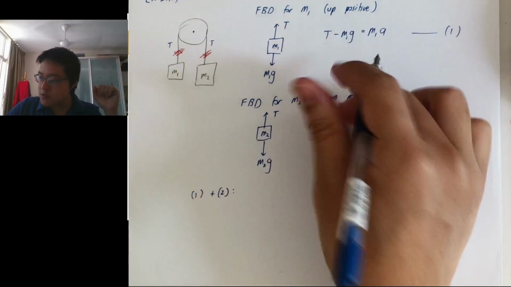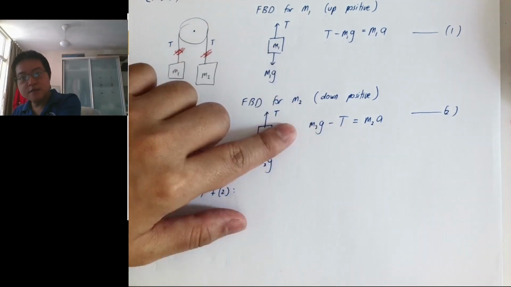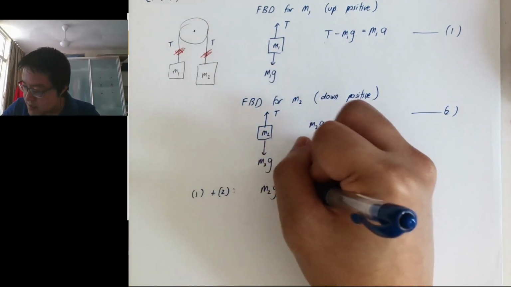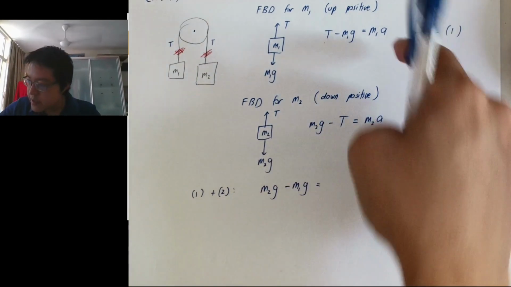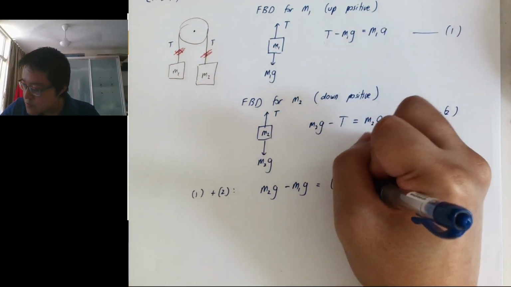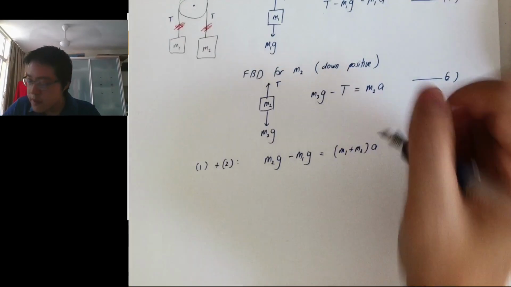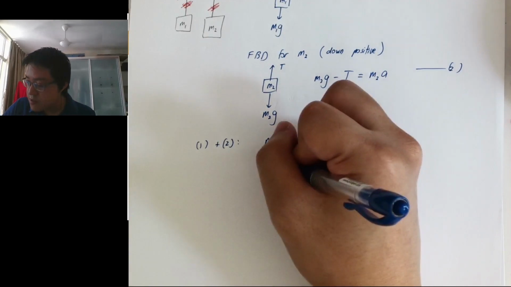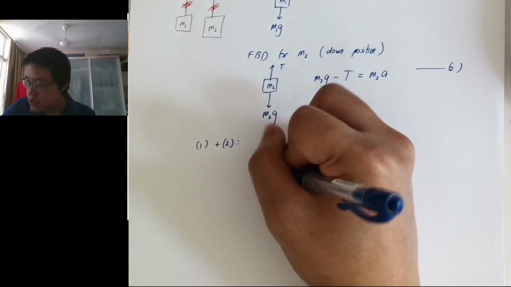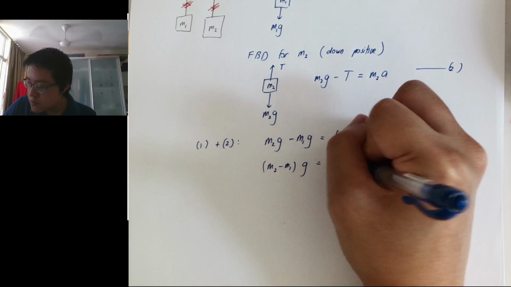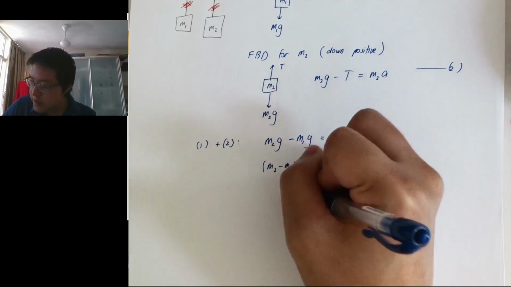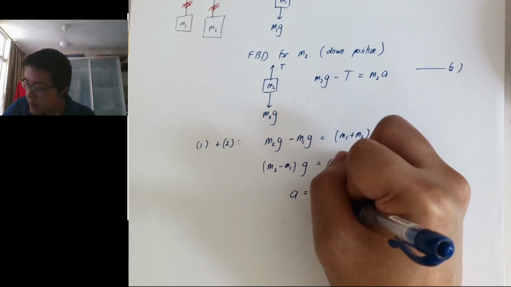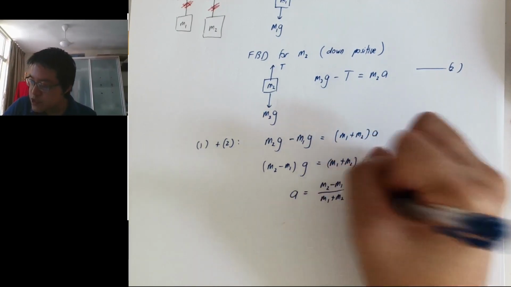So I got m2g minus m1g, and on the right hand side is (m1 plus m2)a. So it's basically (m2 minus m1)g equals (m1 plus m2)a, so the acceleration is (m2 minus m1) over (m1 plus m2) times g.